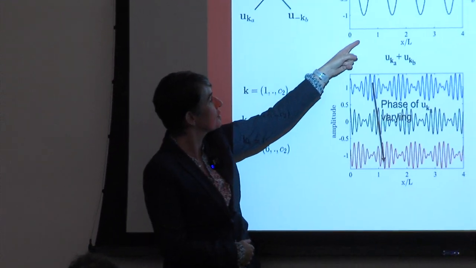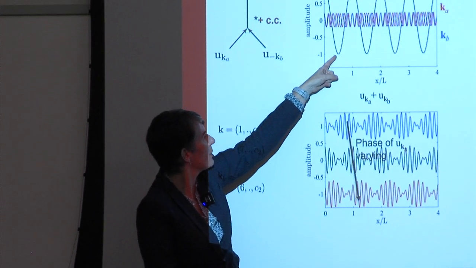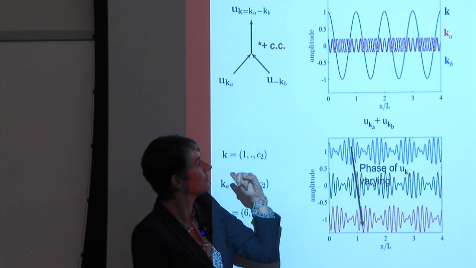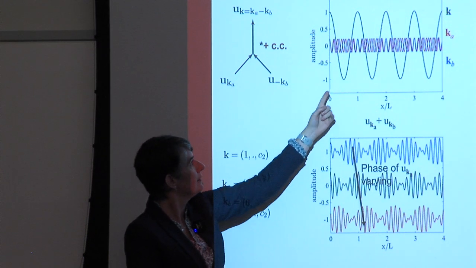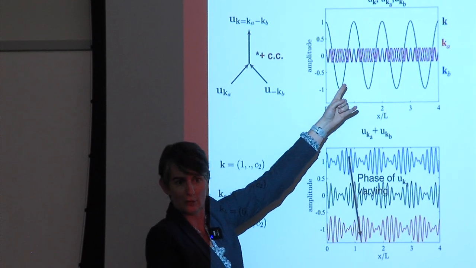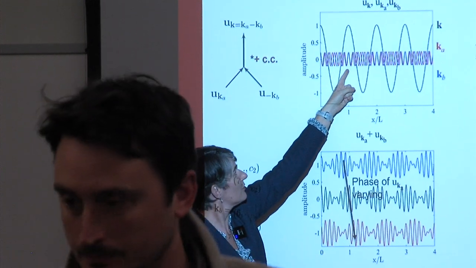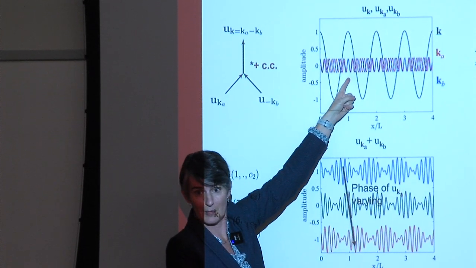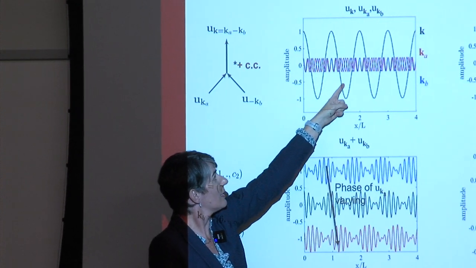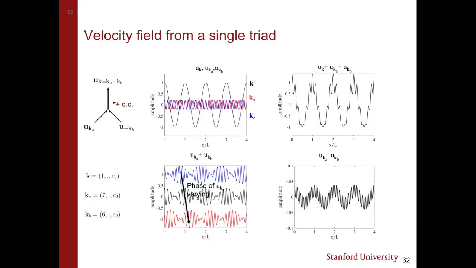Here's just a spatial representation where the black is the large scale, and red and blue are the small ones, very close together. You can see in this very simple world, it's just beating. It can only be just beating. The 7 and the 6 are very closely aligned, as I've drawn them here, with the large amplitude, and then they're almost out of phase with the small amplitude.